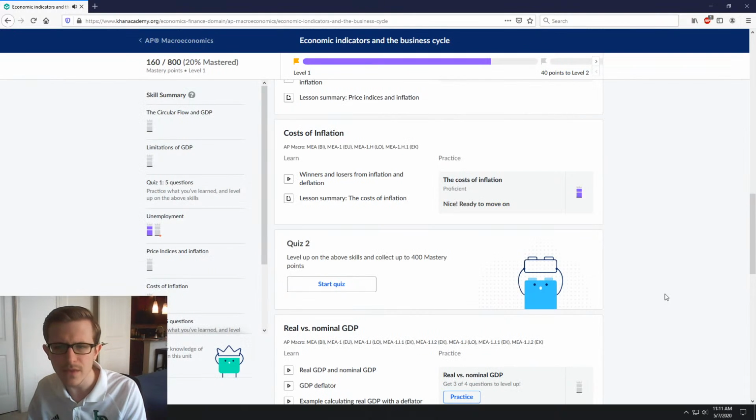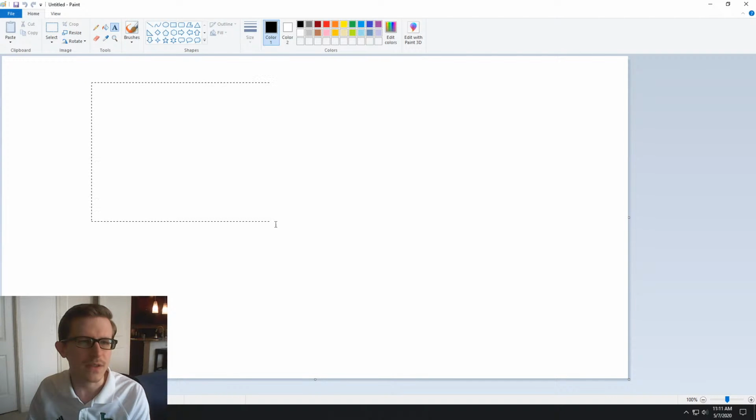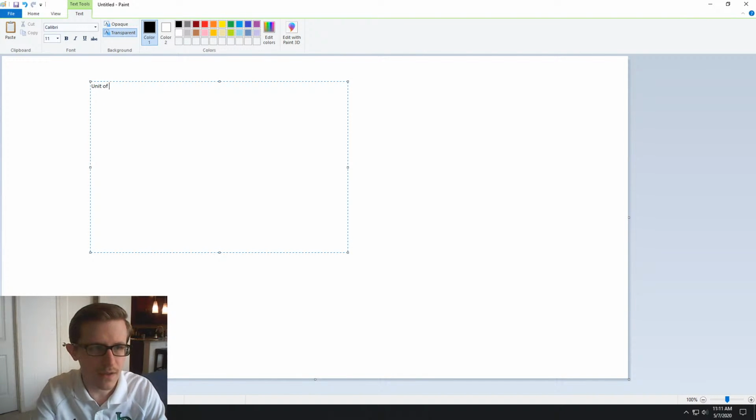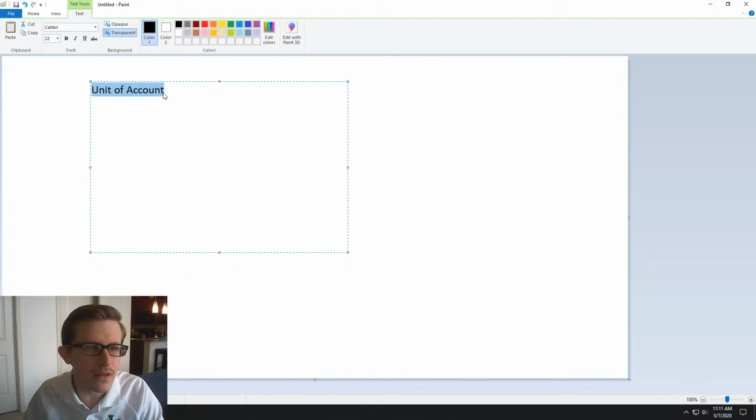All right. So one thing I want to go through here quickly then is the three different types of costs from inflation. So the one that's most common is going to be, I'll try to see if I can do a text box for this, unit of account.